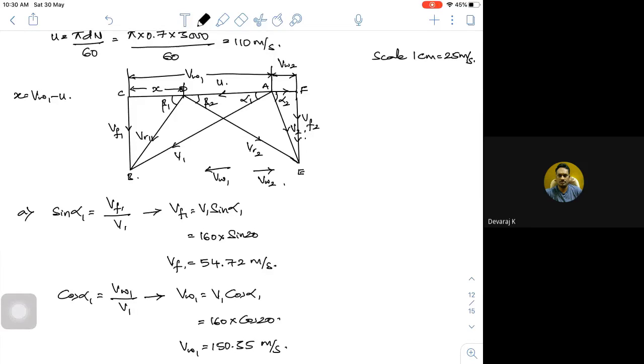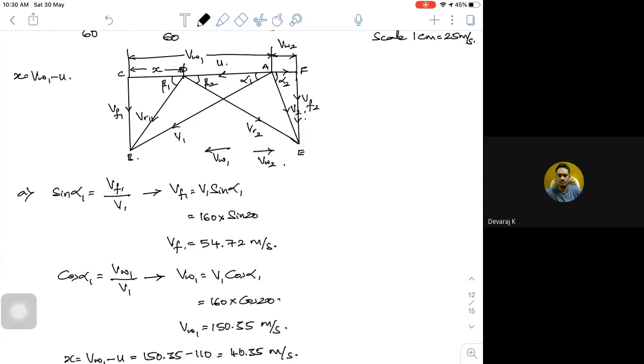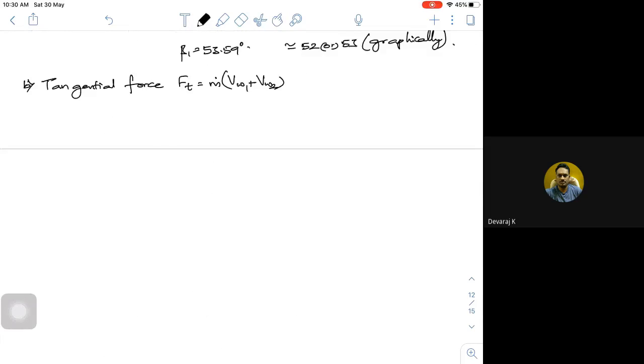Here, Vr2 is equal to your V1, and beta 2 is equal to your alpha 1. I can find your Vf2. So what should I use? Let's take sine beta 2. Sine beta 2 is equal to Vf2 divided by your Vr2.